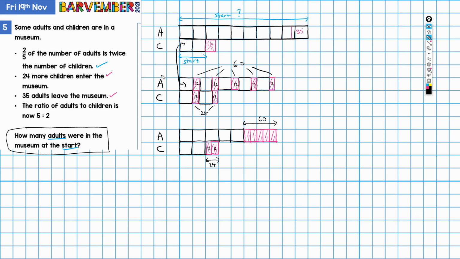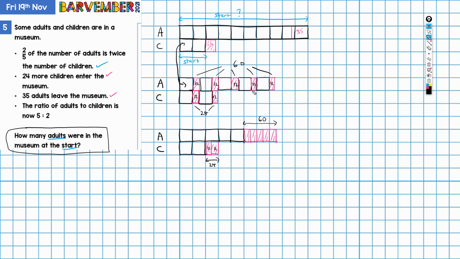Well, we need to remember these parts. This is the same as that. And remember, what did we have at the start? Well, at the start we had 10 of these parts. 1, 2, 3, 4, 5, 6, 7, 8, 9, 10.